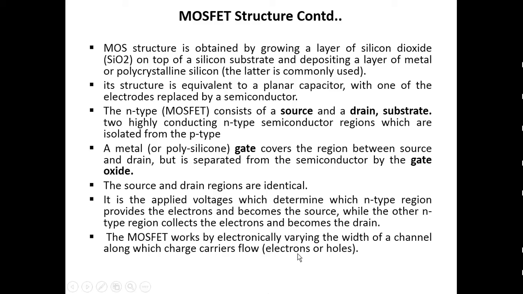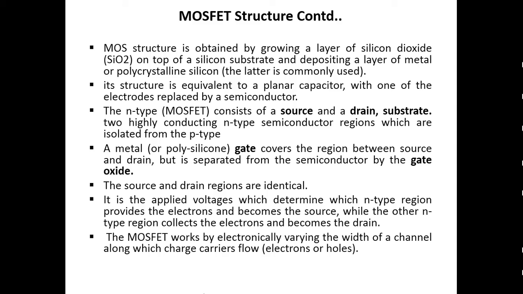The MOSFET works by electronically varying the width of a channel along which charge carriers flow. The electron flow is controlled by the gate voltage applied, between the oxide layer and the two N-plus, that is heavily doped N-type, source and drain. An inversion layer is formed through which the charge carriers flow, and the charge carriers can be controlled with the help of the gate voltage.